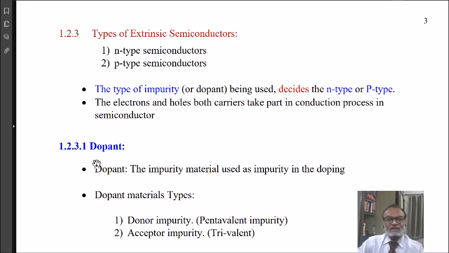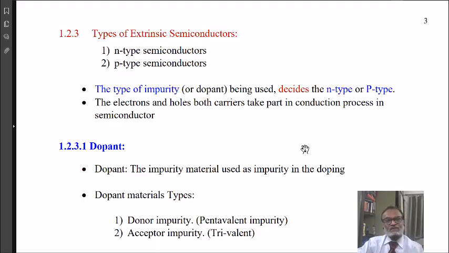The extrinsic semiconductors are further classified into two groups: N-type semiconductors and P-type semiconductors. The creation of the P-type or N-type semiconductor depends on the type of impurity which is added. If the type of impurity, called dopant, is trivalent, then a P-type semiconductor is generated.